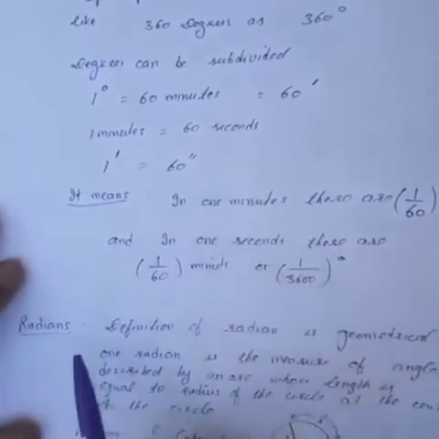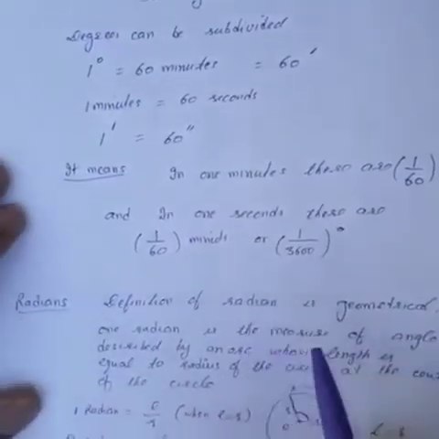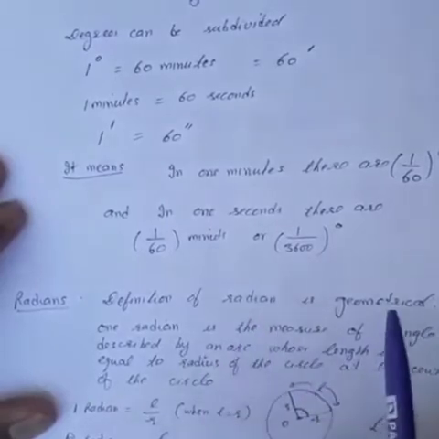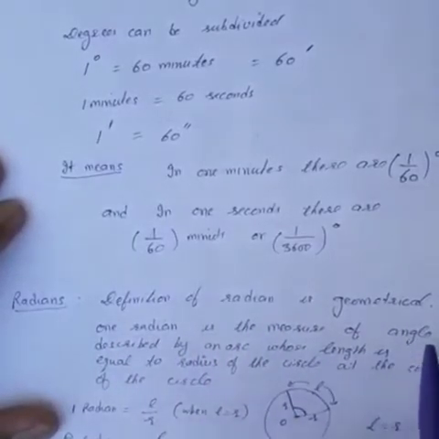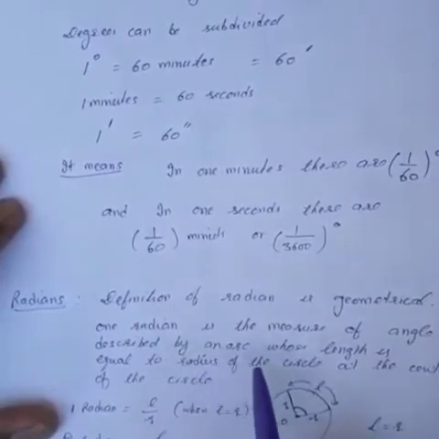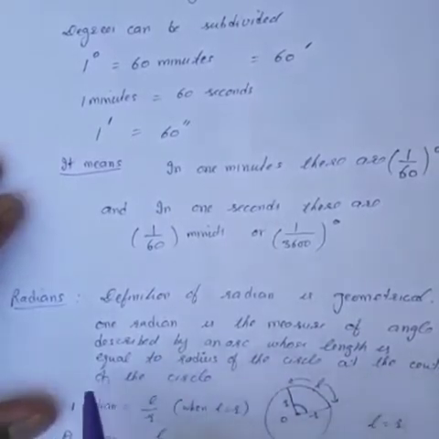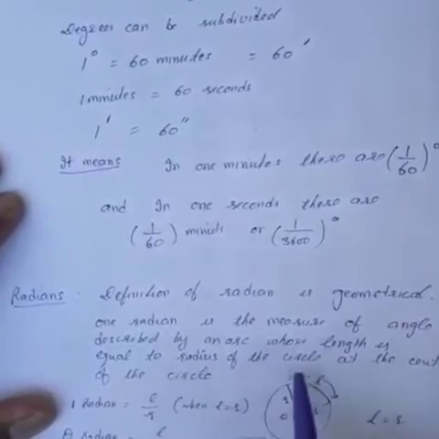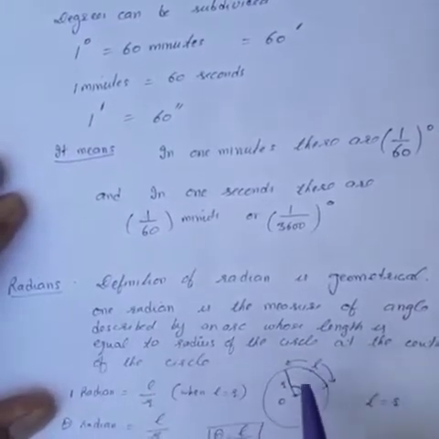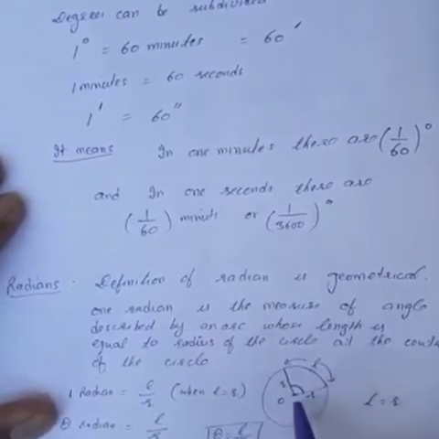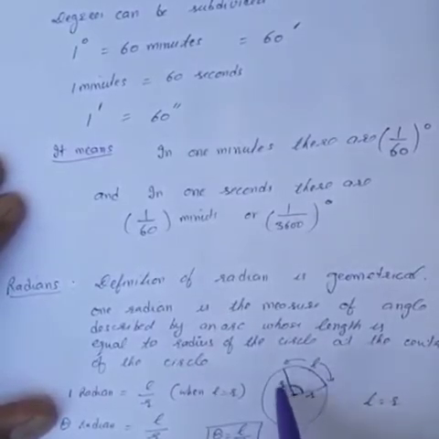Now the next unit is radians. The definition of a radian is geometrical. One radian is the measure of the angle described at the center of a circle by an arc whose length is equal to the radius of the circle. Suppose this is a circle and the radius of the circle is r.